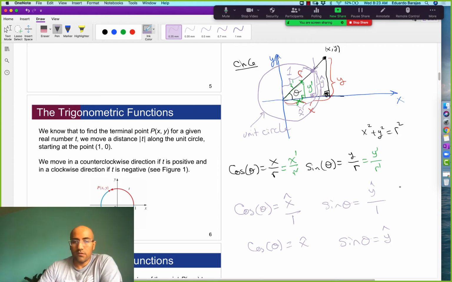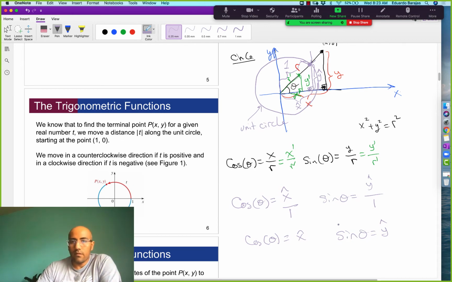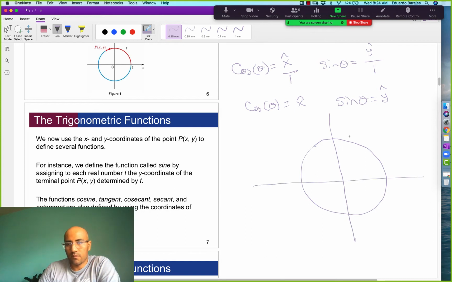Any questions at all so far? That looks really messy, so I'm just going to take out the purple part and redraw it over here. If I have the unit circle, y, x, then a point on the unit circle is some x comma y value there.